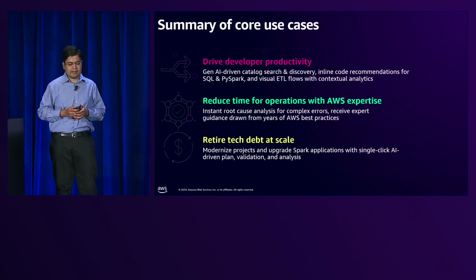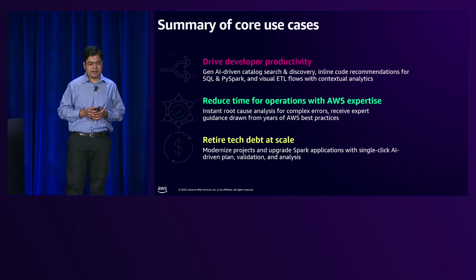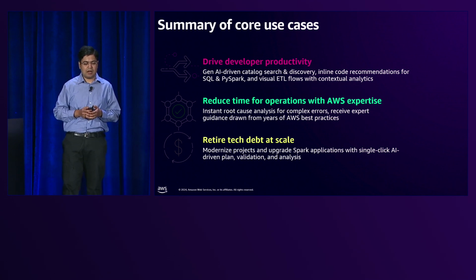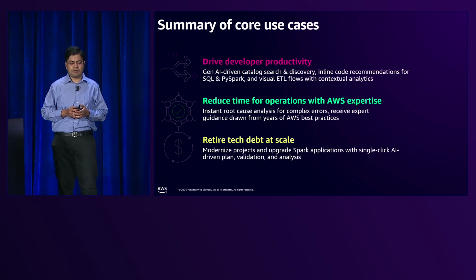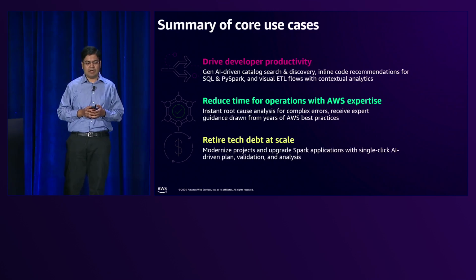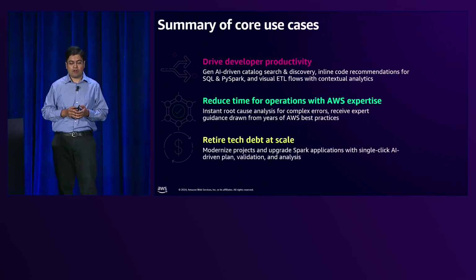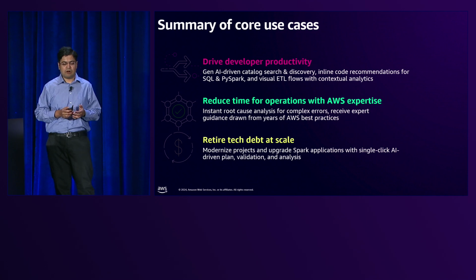To summarize, Vipin and I covered 3 different core use cases where Amazon Q and GenAI capabilities help our customers. We started with the GenAI-driven catalog search and discovery, how Q helps with inline code recommendations for generating SQL as well as PySpark code, and visual ETL flows, which can also be automatically generated with contextual analytics.